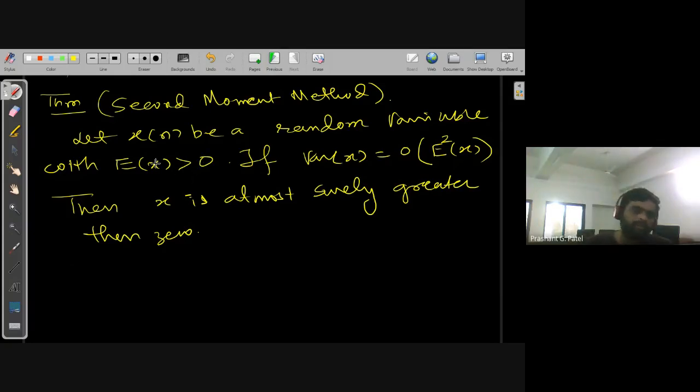Since the expectation is greater than 0, as given, we are able to use the Chebyshev inequality.